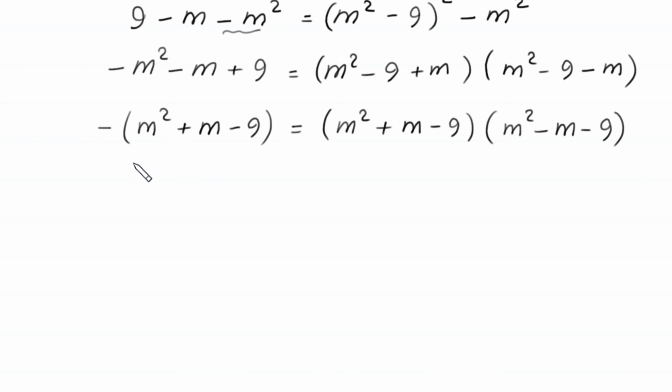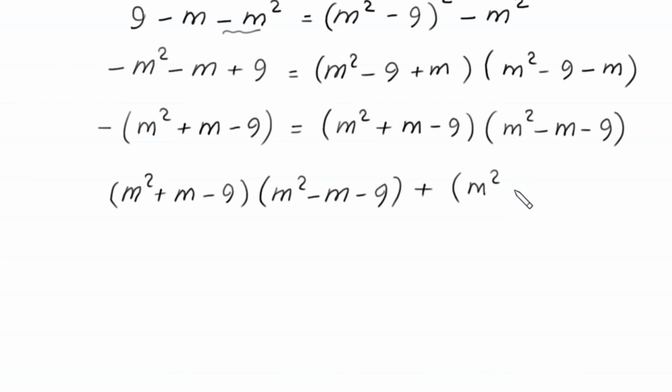Now we move this negative expression to the right hand side, then this will become m squared plus m minus 9 times m squared minus m minus 9. This negative expression will become positive, plus m squared plus m minus 9 is equal to 0.